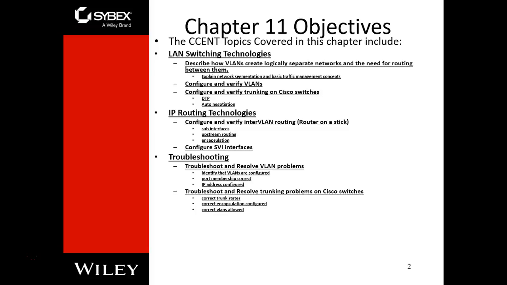And the IP routing technologies, it says configure and verify inter-VLAN routing, router on a stick. They've got figures, but there are basically three ways. We could have the VLANs, and we could plug an Ethernet port or Fast Ethernet port into each VLAN, so that the router would have to have the same number of ports as we had VLANs.